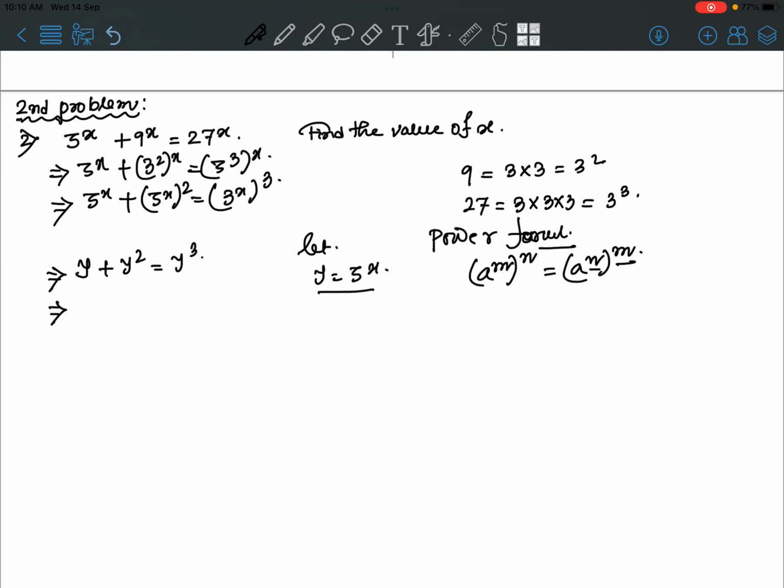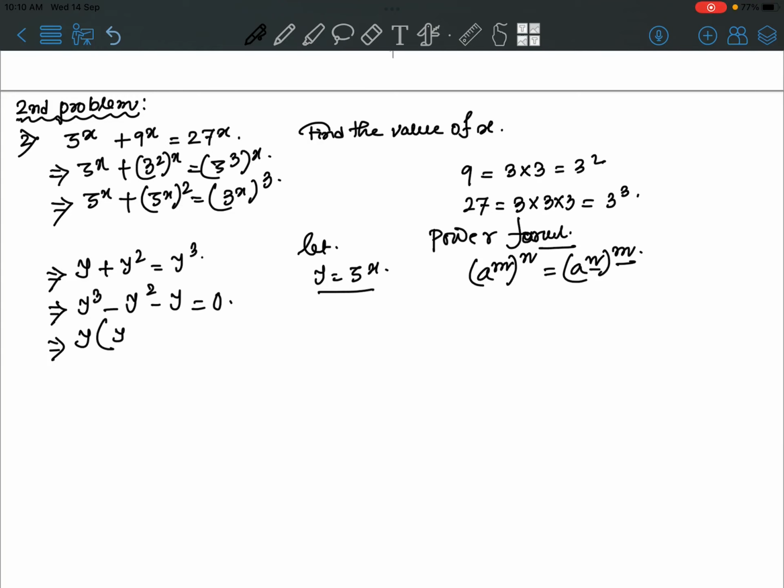Now we are going to rearrange this equation in descending order. We can write it as y cube minus y square minus y equals 0. So now we can take y as a common factor.